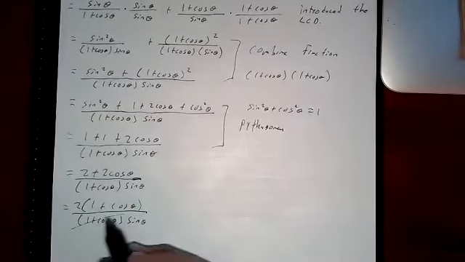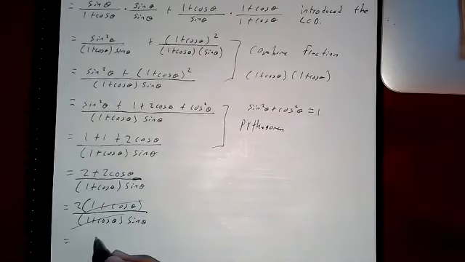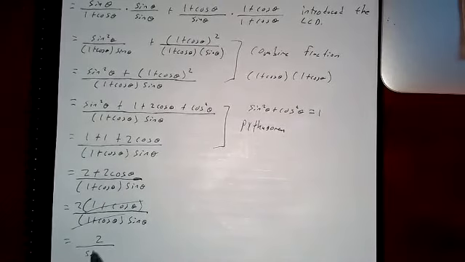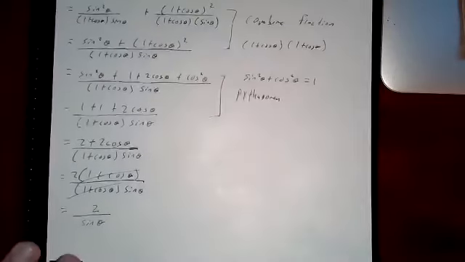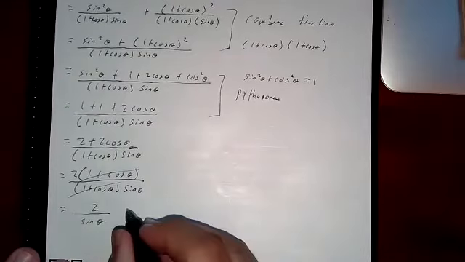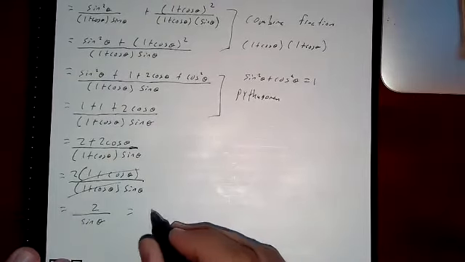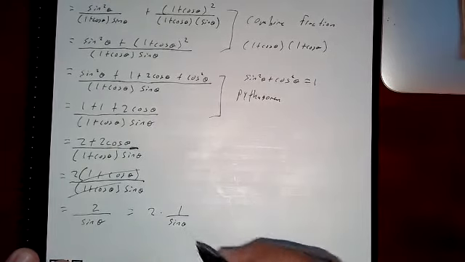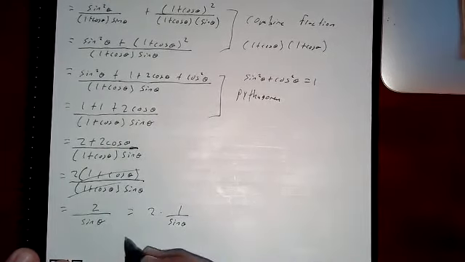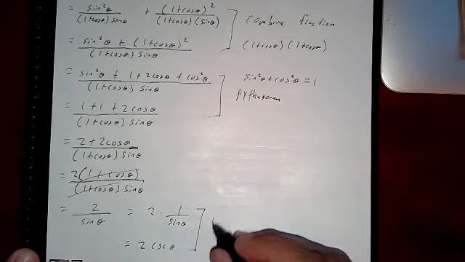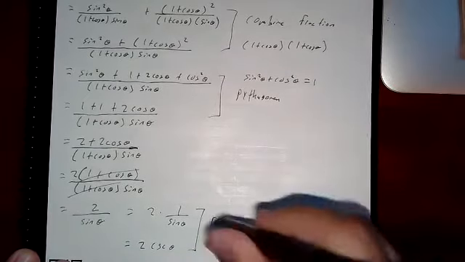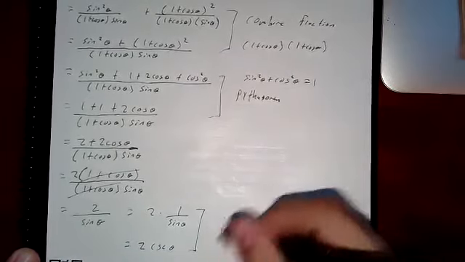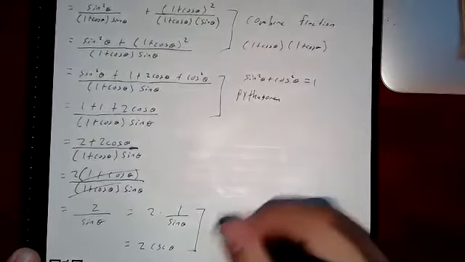So these will cancel, leaving me with 2 over sine theta, which is the same as 2 times 1 over sine, correct? Which gives us 2 cosecant, or actually reciprocal.